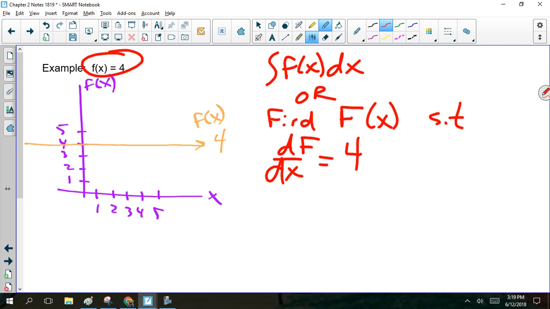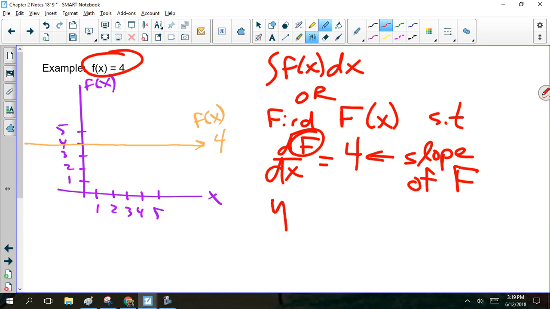So what this is saying is the derivative everywhere is 4. And remember, the derivative is just the slope of the function you're taking the derivative of. So I need to find a function that has a slope of 4 everywhere.